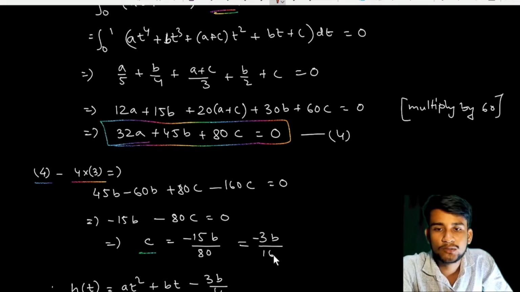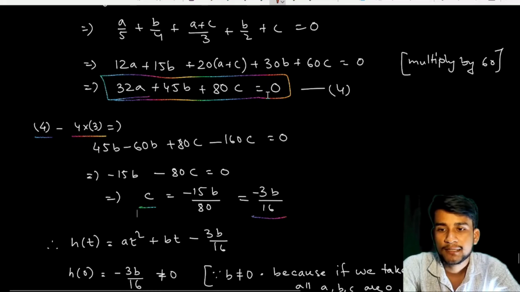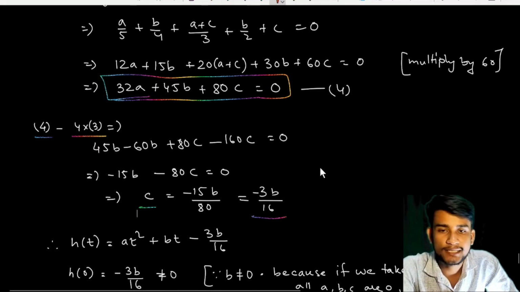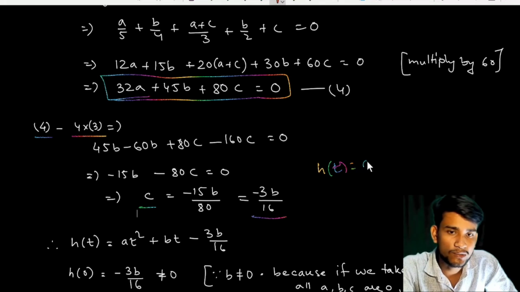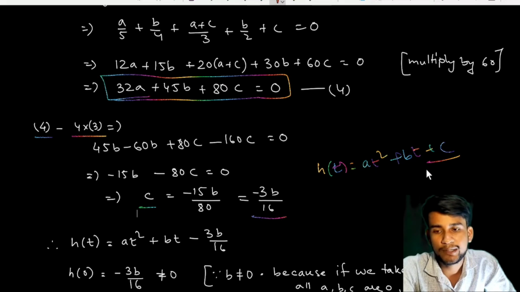Therefore c equals minus 3b by 16. Since h(t) equals at squared plus bt plus c, we eliminate one constant, so h(t) equals at squared plus bt minus 3b by 16.